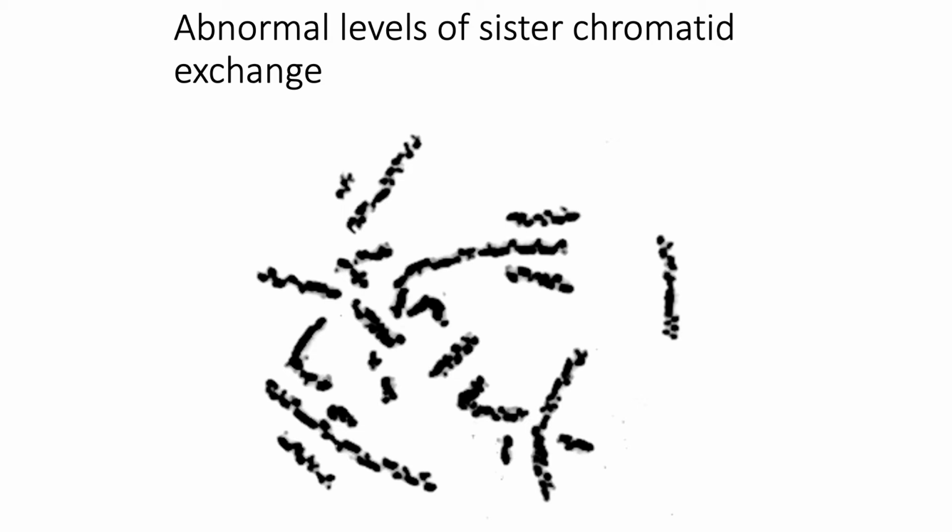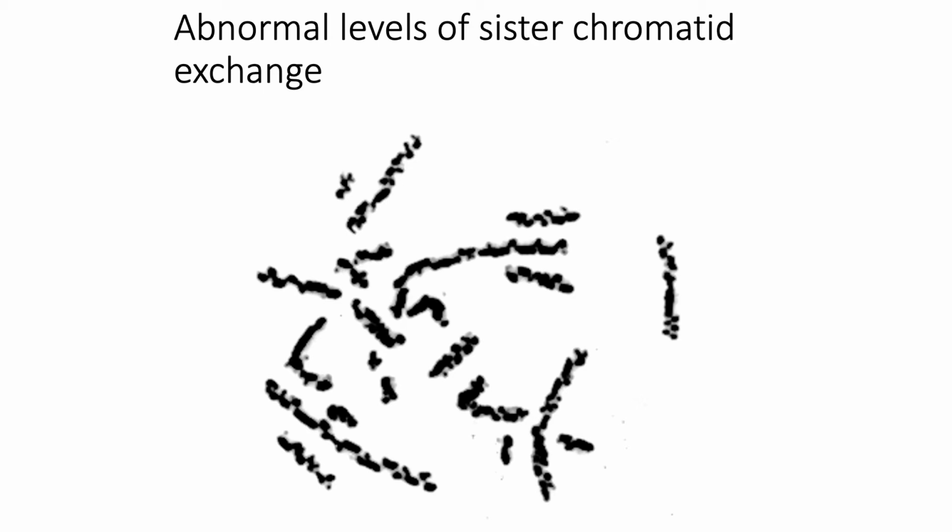This is an example of an abnormal level of sister chromatid exchange, where you can see there are many events along each chromosome. And this is taken from a cell from a person with a syndrome called Bloom syndrome.